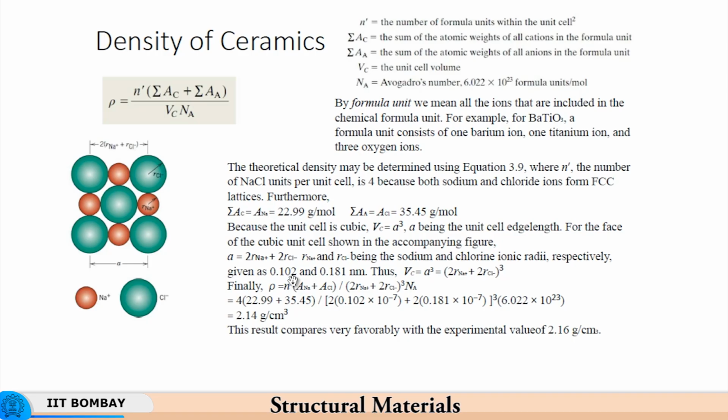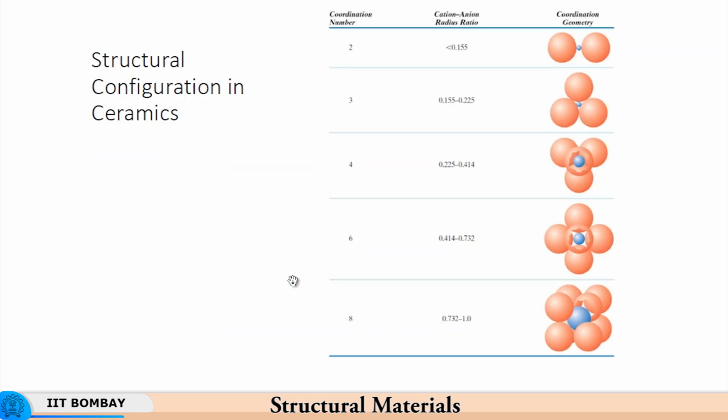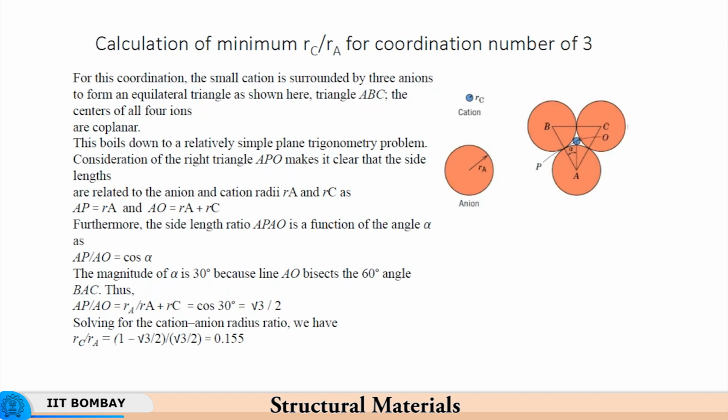So based on this, you calculate the magnitude of the interatomic separation, which is given by the ionic radii 0.102 and 0.181, and the corresponding volume is therefore given, and therefore the density of sodium chloride as computed from the unit cell is 2.14, whereas the measured value is 2.16 gram per cc.